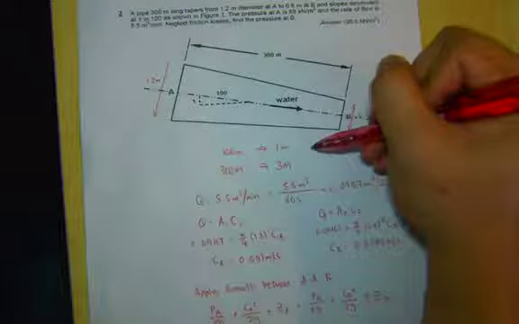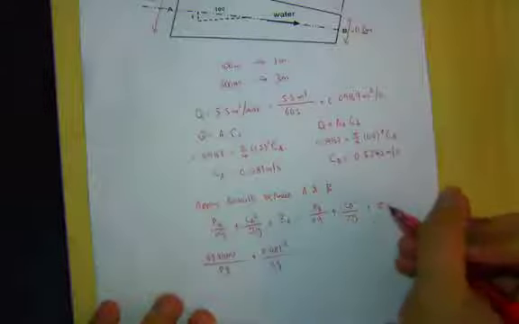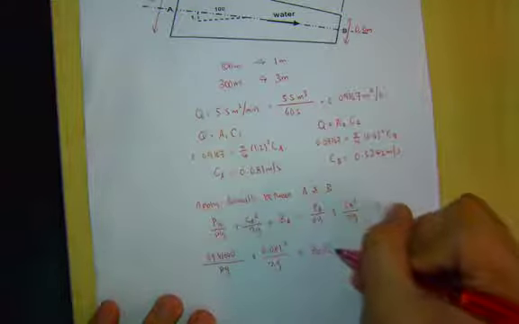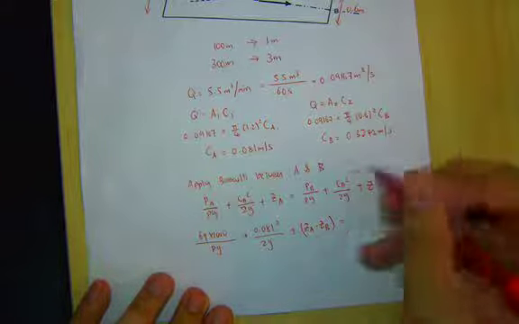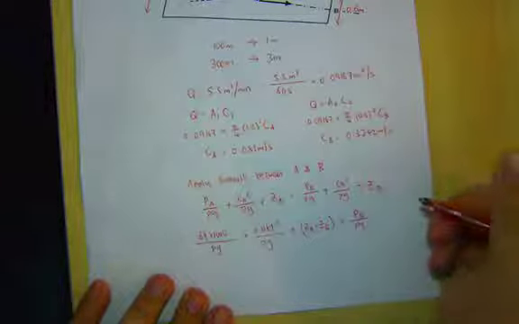Plus your CA square, 0.081 square over 2G, plus ZA. ZA we do not have the absolute value, but we know that the height difference between A and B is actually 3 meters, the vertical height. So A is higher than B.